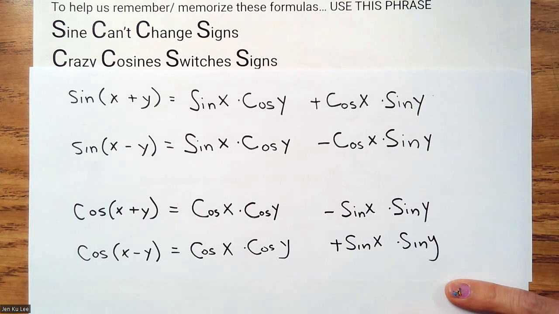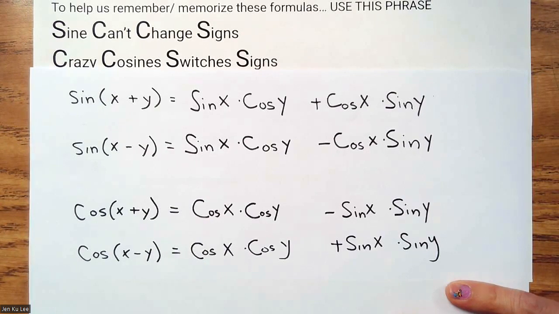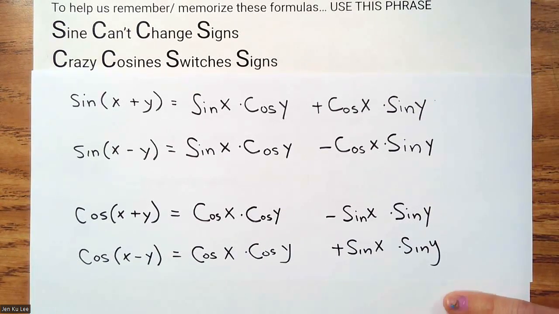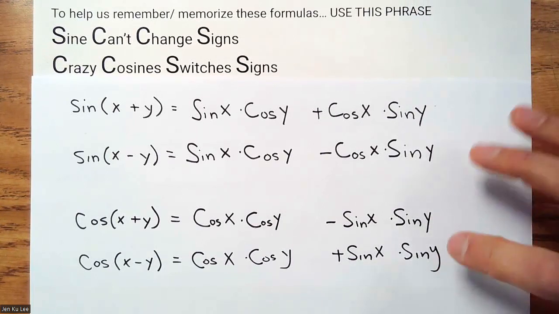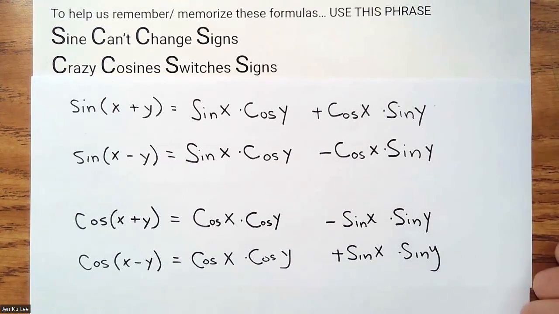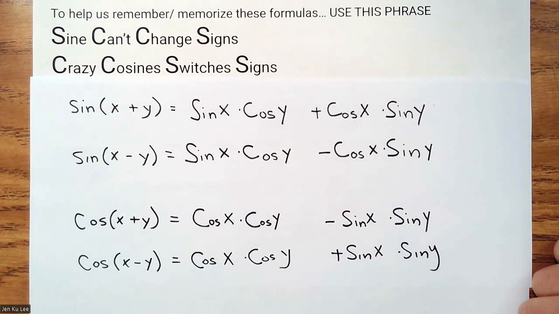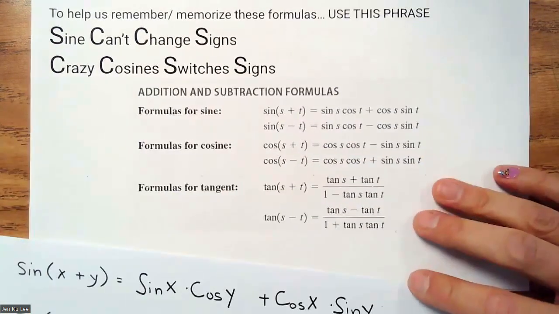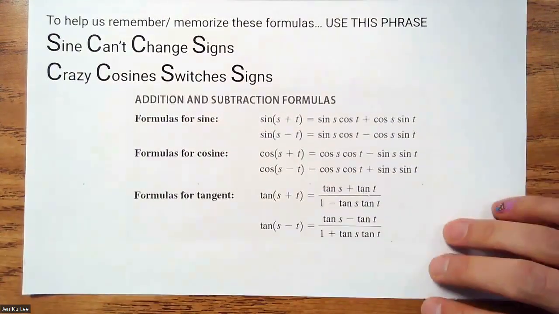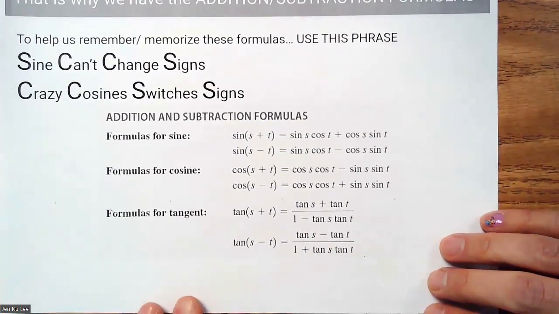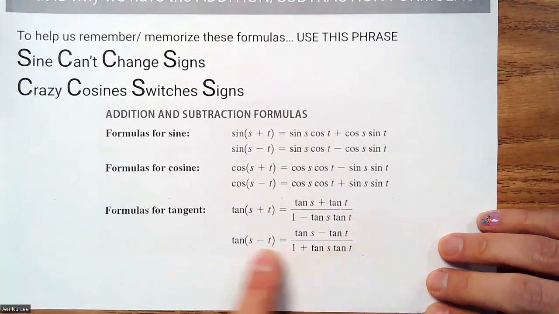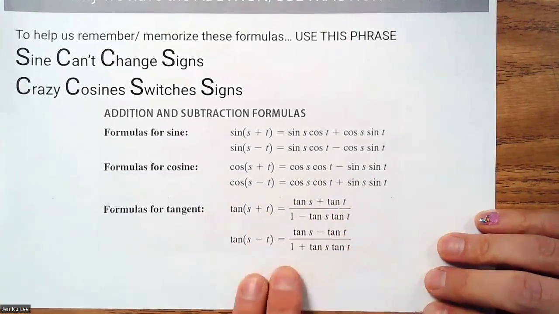Okay? X, Y, and X, Y. Cool? So that's how "sine can't change signs" and "crazy cosine switches signs" help us to get the formulas. All right? And I put the formulas here as well. Okay?